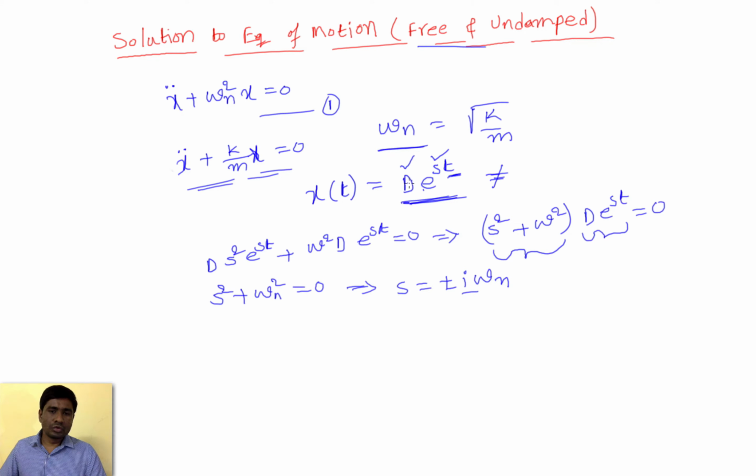So we have two solutions, and we have already discussed that for a linear system these two solutions can be superimposed. So the final solution x of t would become D1 into e power s1 t plus D2 into e power s2 t, where s1 and s2 are plus or minus i omega n.